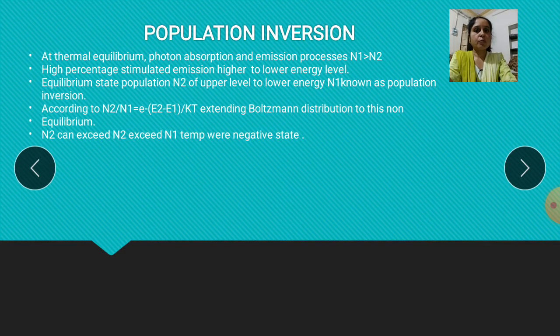So N2 can exceed N1 where the temperature reaches a negative state.